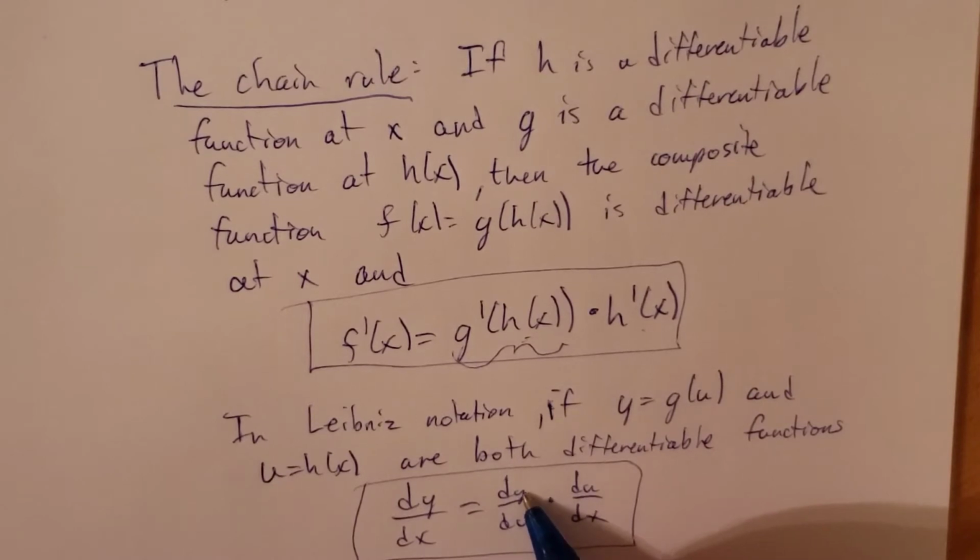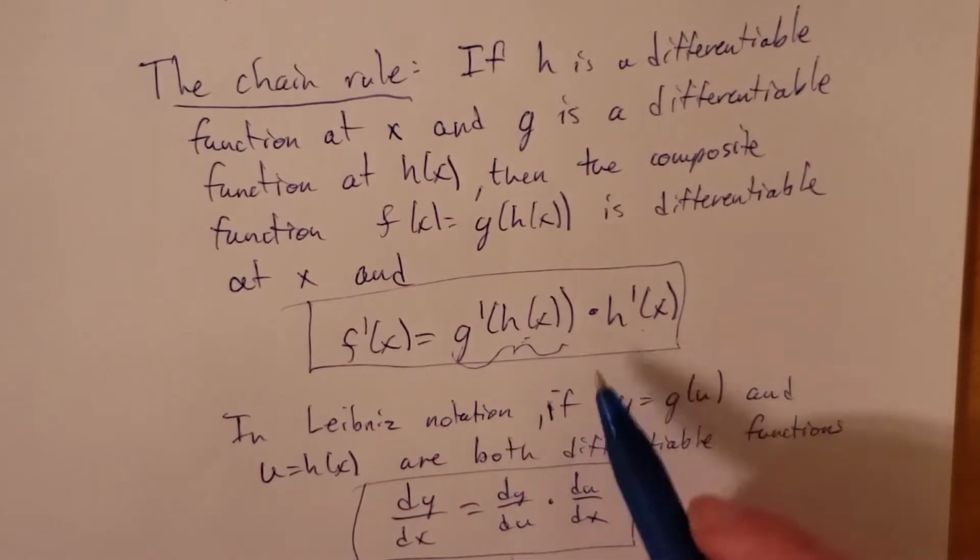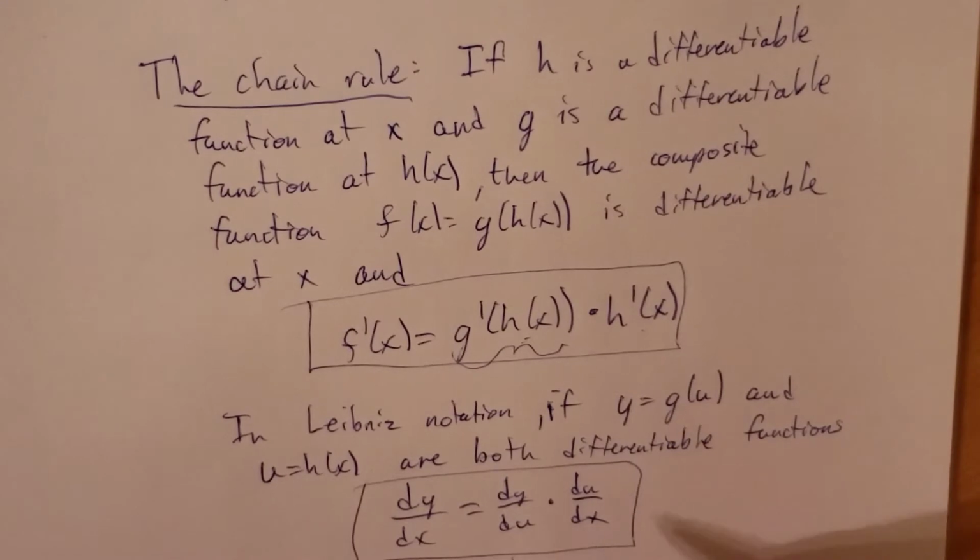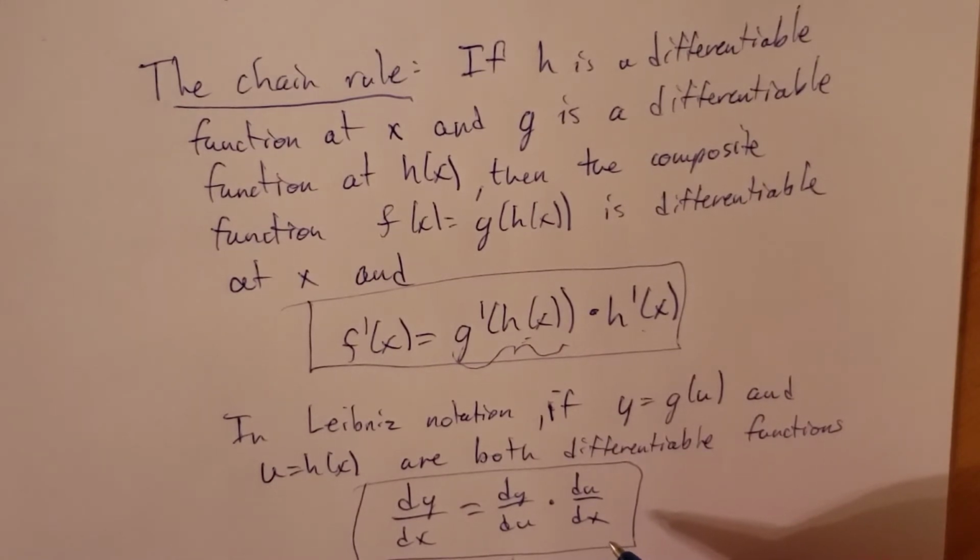Take the derivative of y with respect to the variable u, and then we multiply that by the derivative of u with respect to x, where u is h here. So we see that these are the same, just the two different notations we're used to using for derivatives.